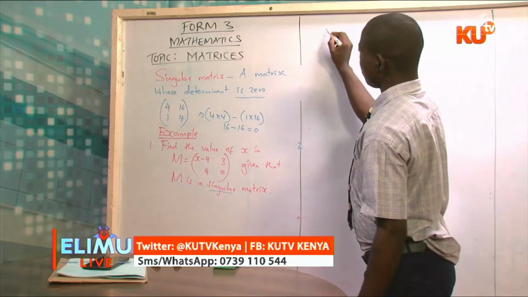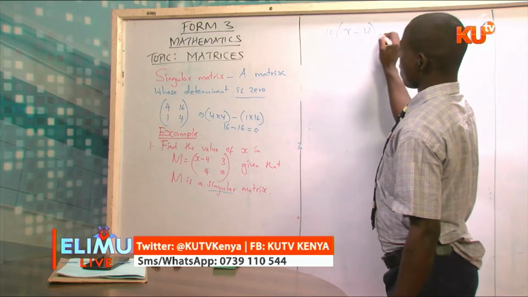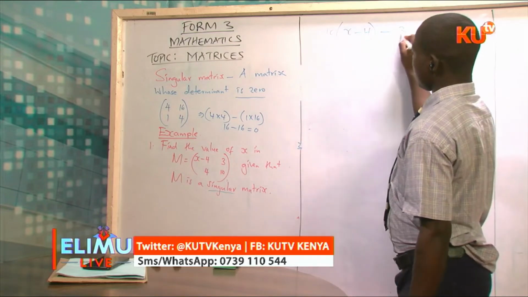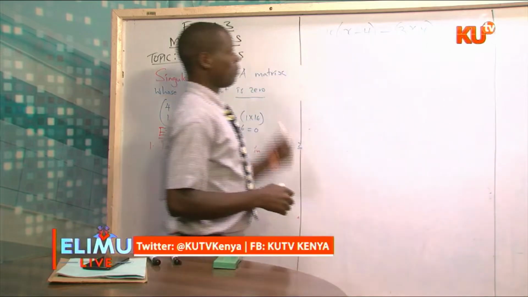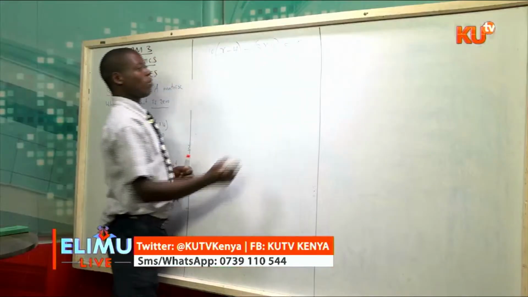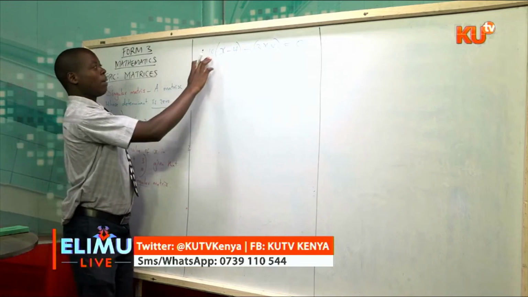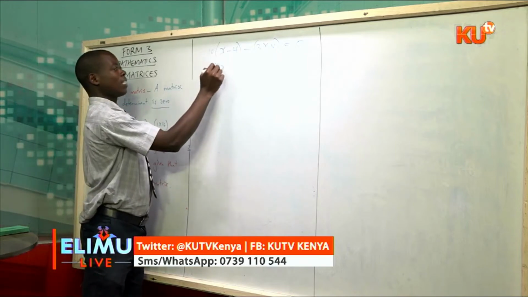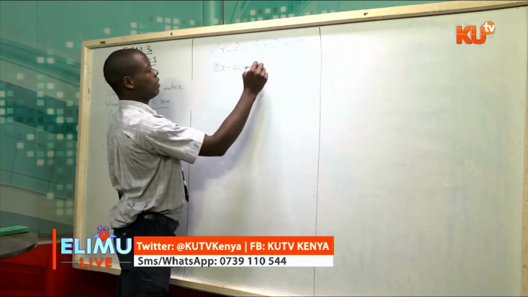So we shall have 10 into x less 4 minus 3 times 4. That will mean this is equal to 0 because it's a singular matrix. By expansion, this will be 10x less 40 less 12 is 0.